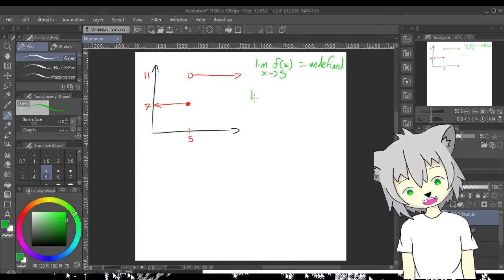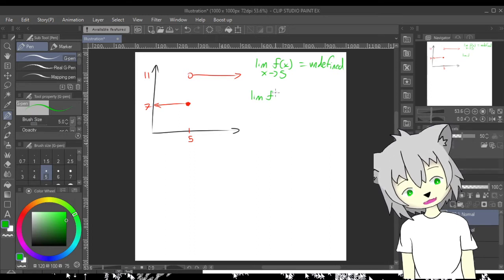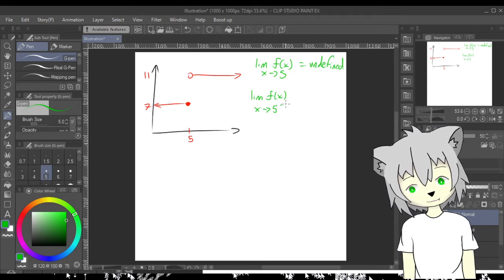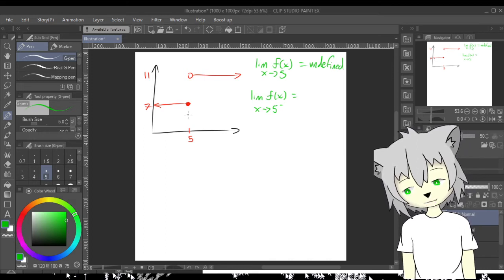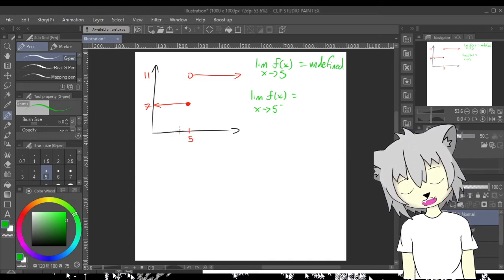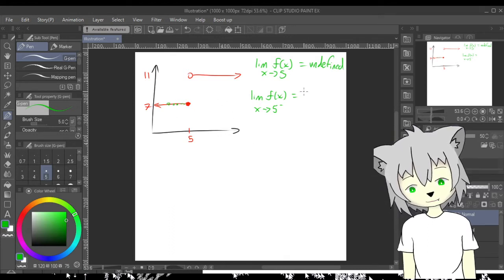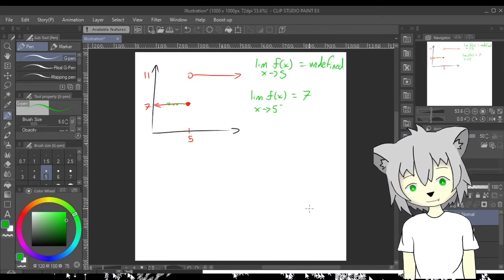But we know what the limit of f of x is as x approaches 5 from a lower value, which we give a superscript minus sign. We know that from here it approaches 7 in this case.